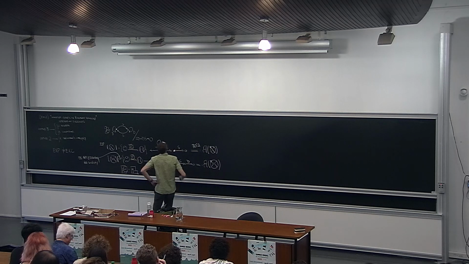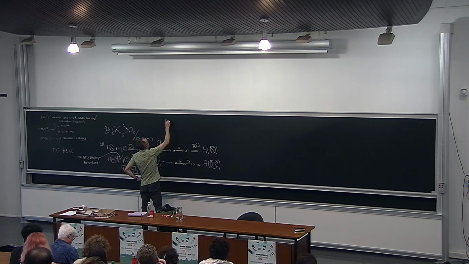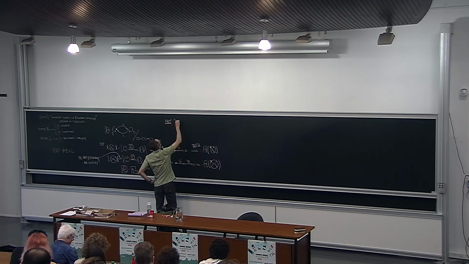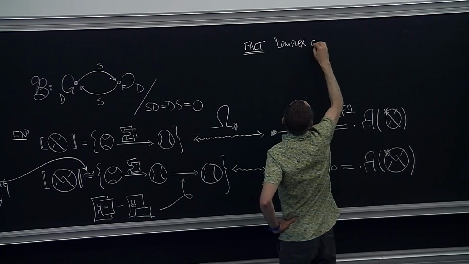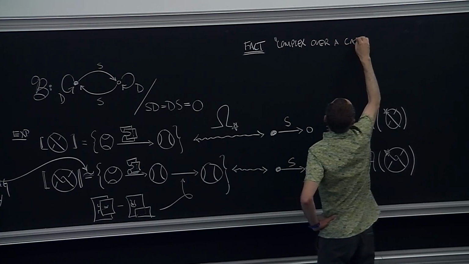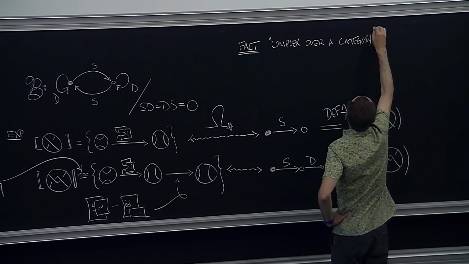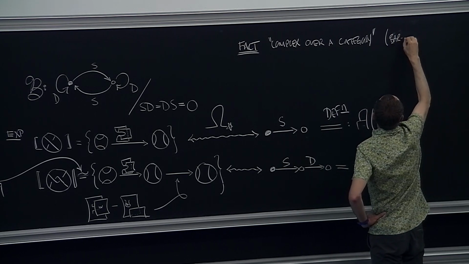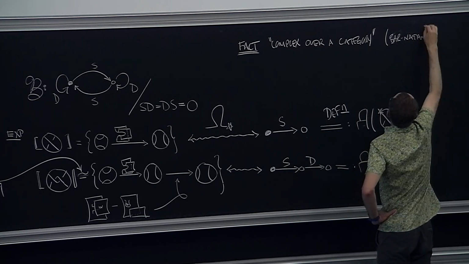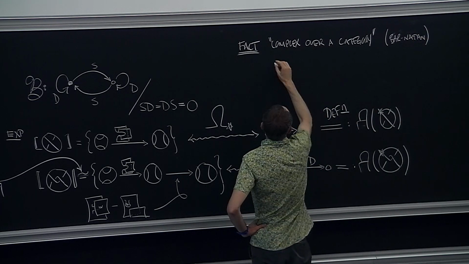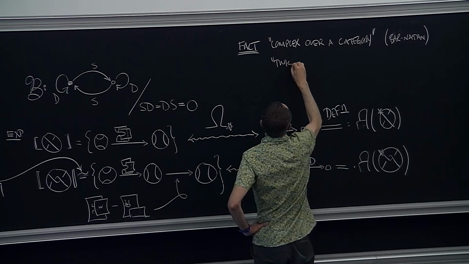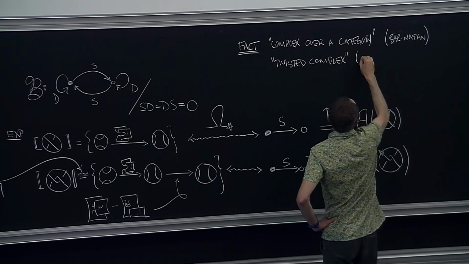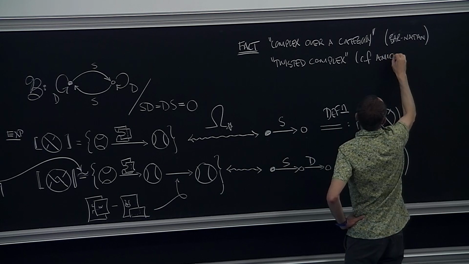Okay, so an important fact that is bubbling up here is this idea of a complex over a category. So this is the Barnaton complex, which we were looking at last time. This can be reinterpreted as a twisted complex. This is from Claire Amio's lectures.